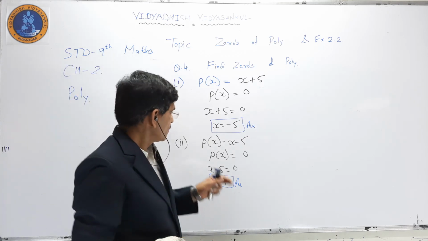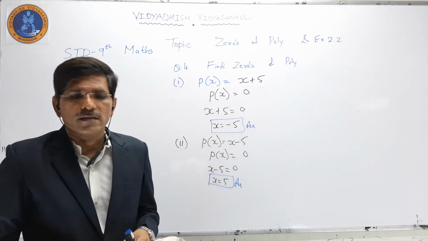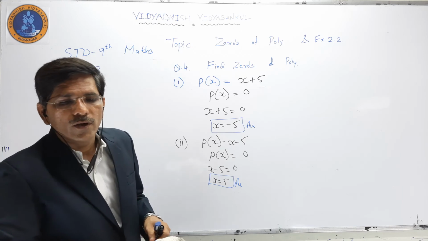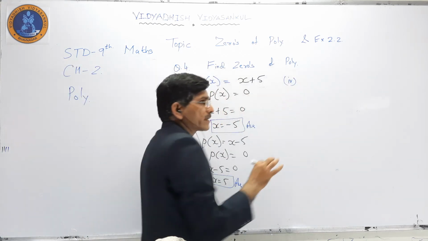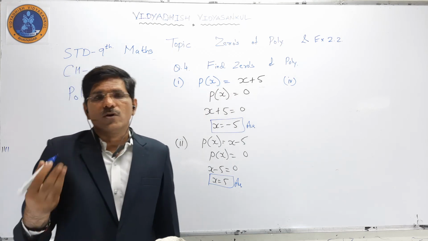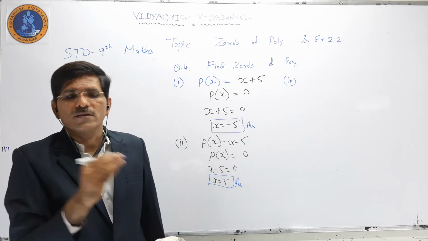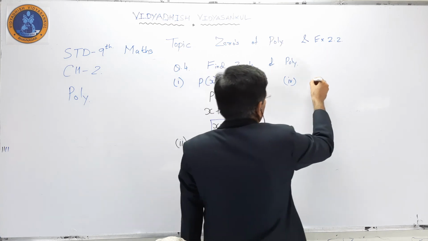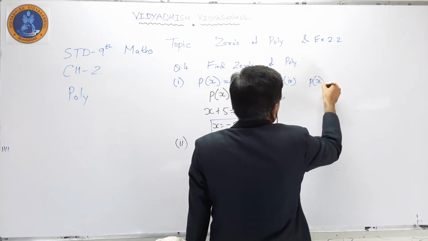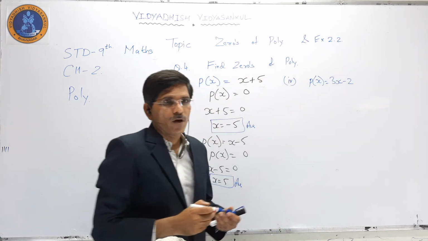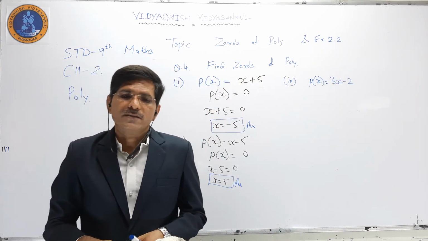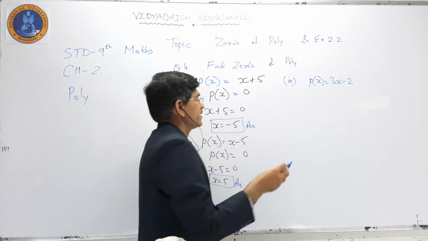Now, there are 8 sums. First and second we have completed. Now try to solve the third yourself. I concentrate on the fourth, that is p of x is equal to 3x minus 2. What is the first step?